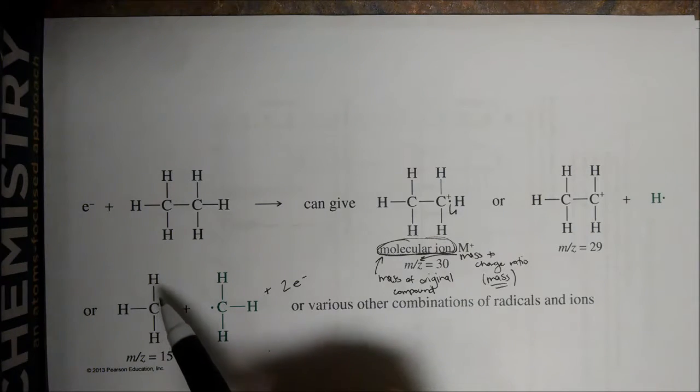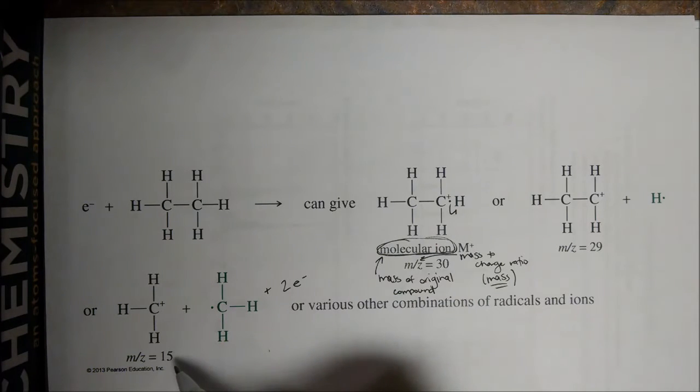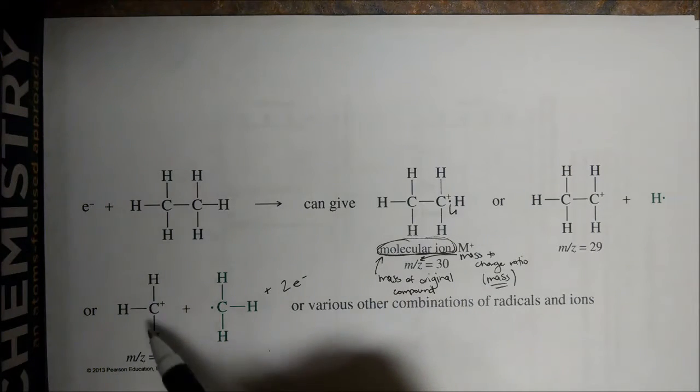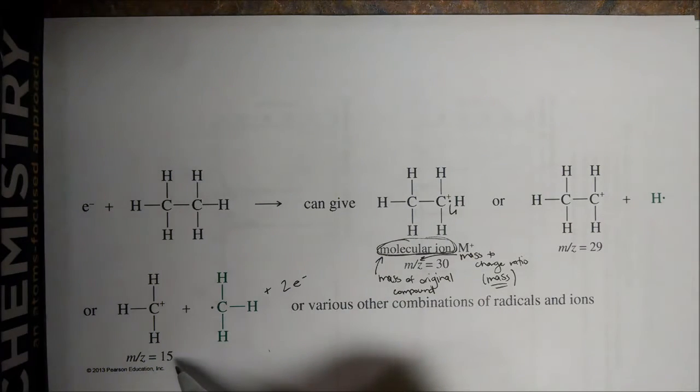It's only got 1 carbon and 3 hydrogens, so 12 plus 3 is 15. Again we report the M over Z, but Z is always +1, and so this is what we would detect by mass spec, and this would correspond to another peak.